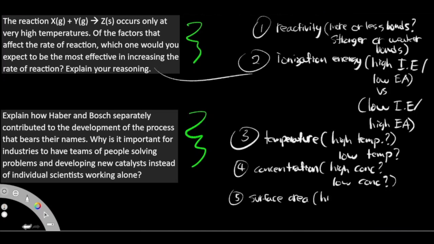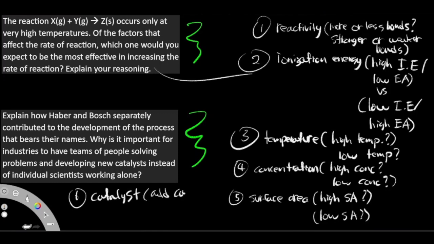Same thing, high surface area versus low surface area. And the last one was a catalyst. Add a catalyst, how does that affect it? Or no catalyst, how does that affect it?